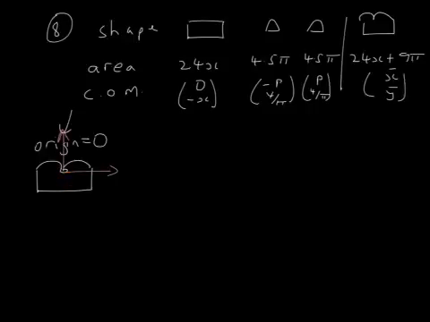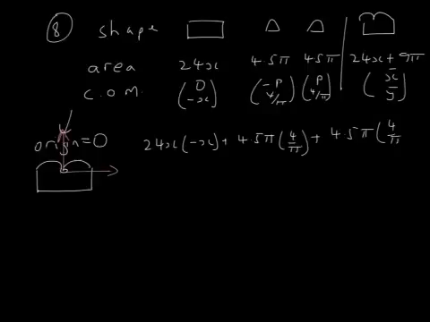They want the distance of it from SR, which is there, so we're just interested in the y component of the vector. So therefore 24x times minus x plus 4.5 pi times 4 over pi plus 4.5 pi times 4 over pi must equal 24x plus 9 pi times y bar.